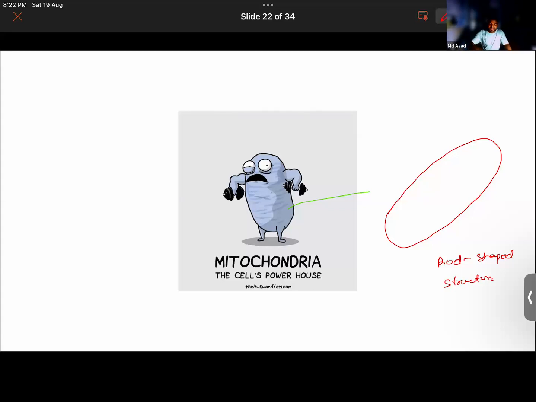It is like this, and somewhat inside of it is organized like this. So that is basically the mitochondria over here, and it is also a membrane-bound structure. So mitochondria are basically rod-shaped structures with a membrane.